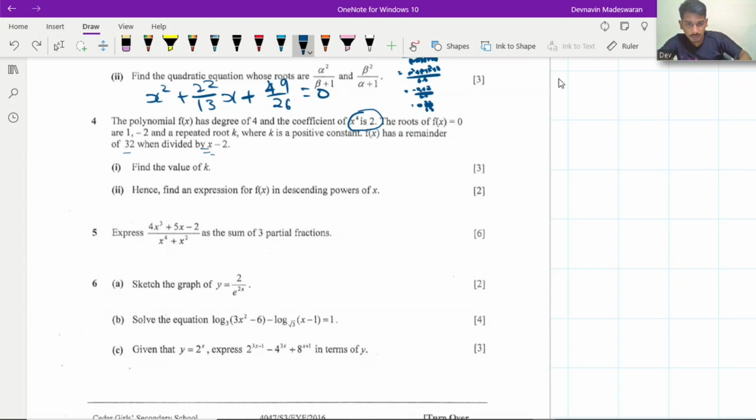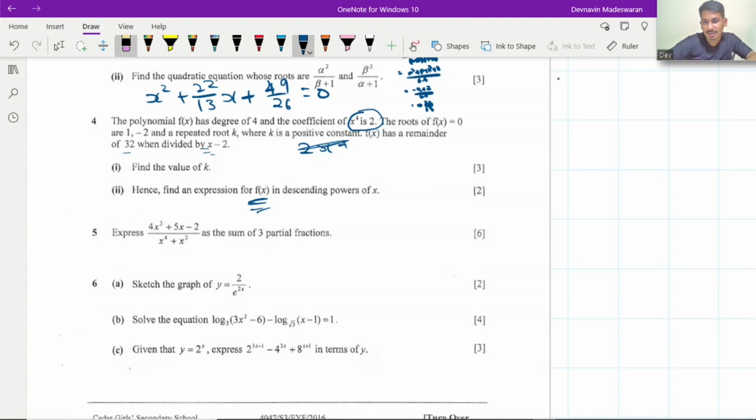Let's try to just write down the thing. 2x to the power 4. I'm not sure. We're not even supposed to find the f(x) expression. Wow, okay, that's another clue.